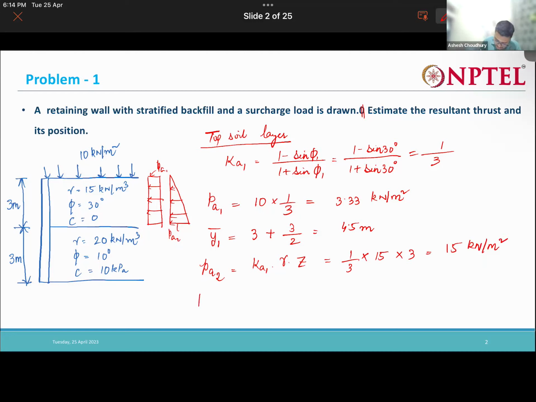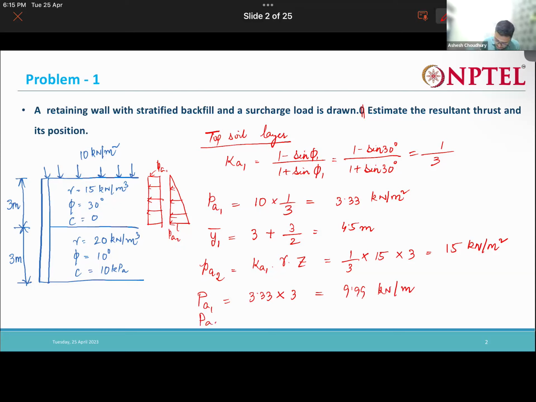Let us calculate the capital PA1. It will be 3.33 into the height 3, which is 9.99 kilonewton per meter length of the wall.